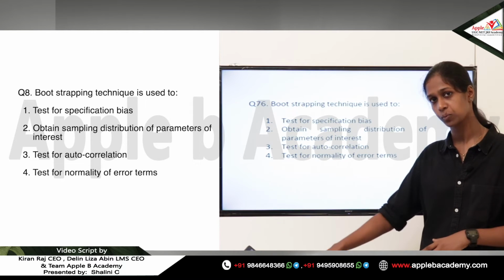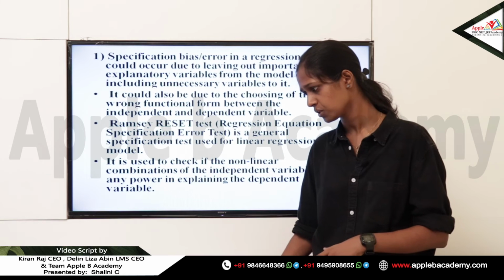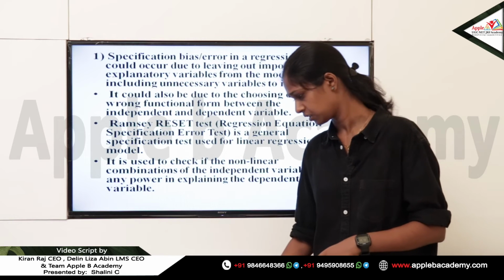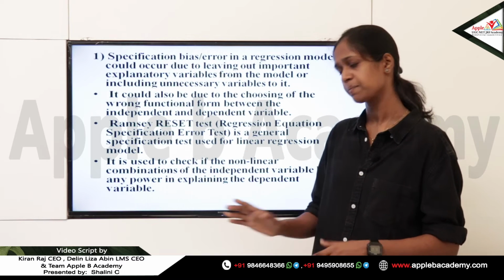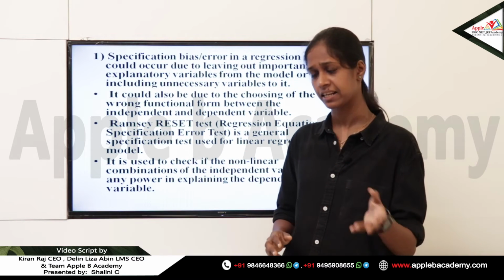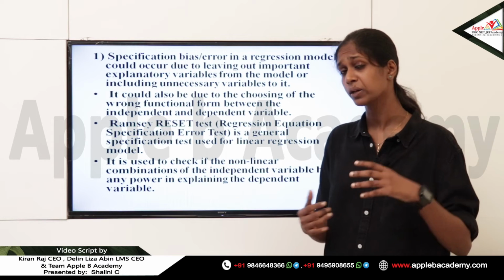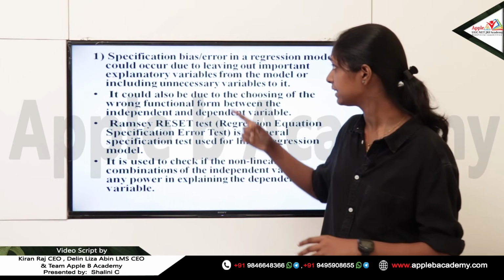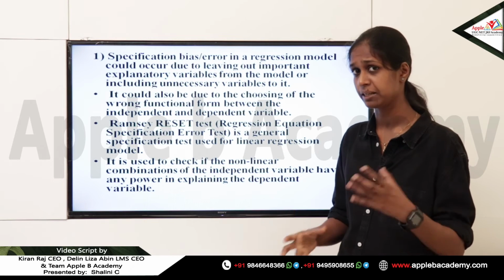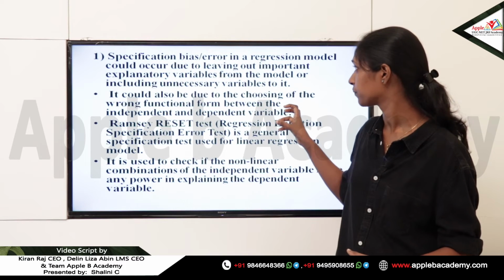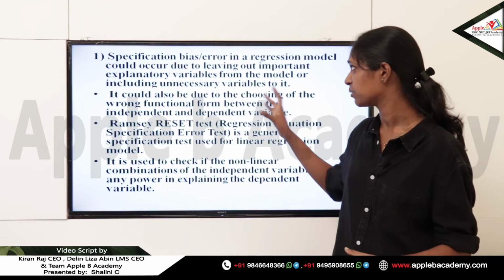So we now know what the bootstrapping technique is used for. What are the other options used for? Moving on, option 1 is specification bias. What is specification bias or error in a regression model? How can it happen? It could be due to leaving out some important explanatory or independent variables from the model, or including unnecessary variables in it.